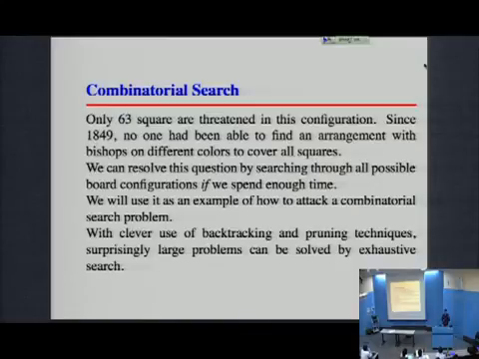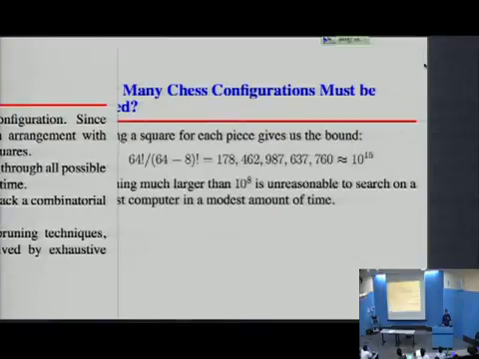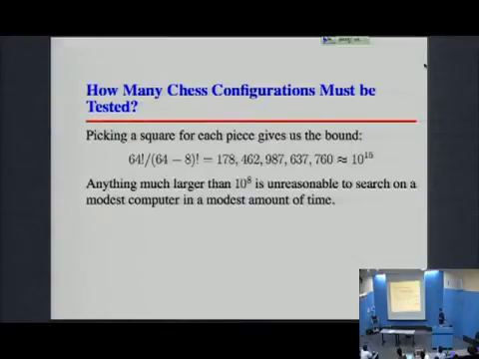This is the kind of thing that backtracking is made for. Can we look through all possibilities to try to find an arrangement where every square is threatened? Okay? So let's look at how we can do this with backtracking. The first question I always ask myself: how big is the search space? Well, for the first piece, there are 64 possible places you can put it down.